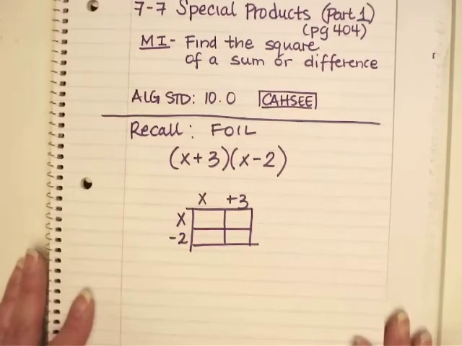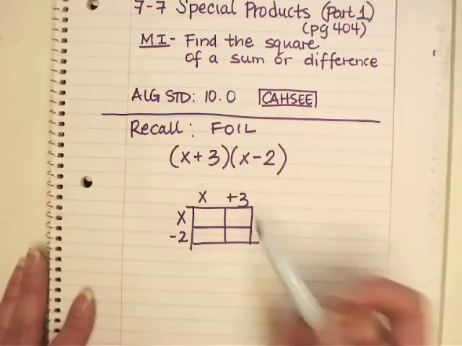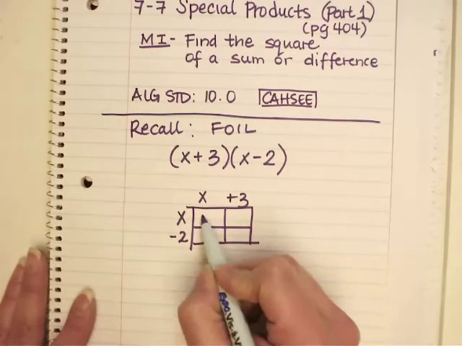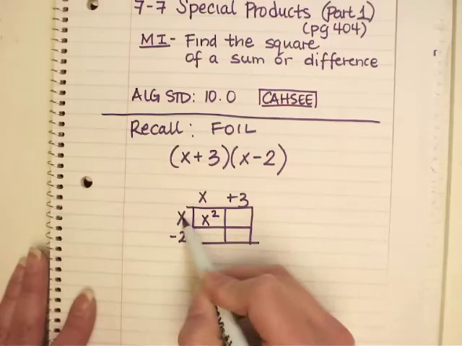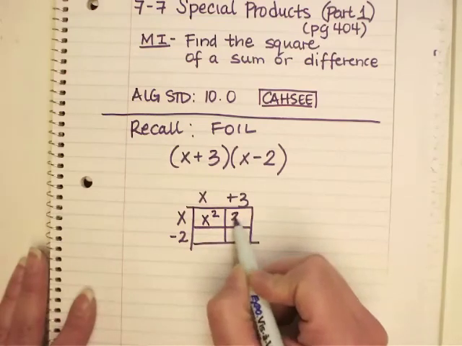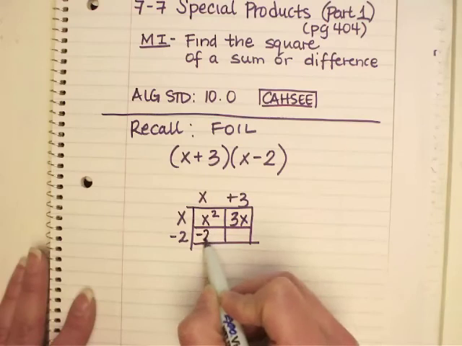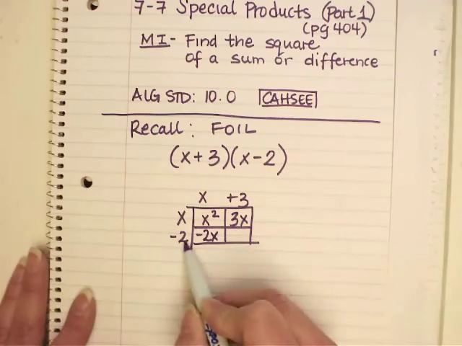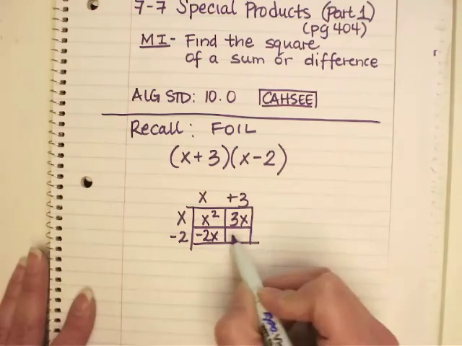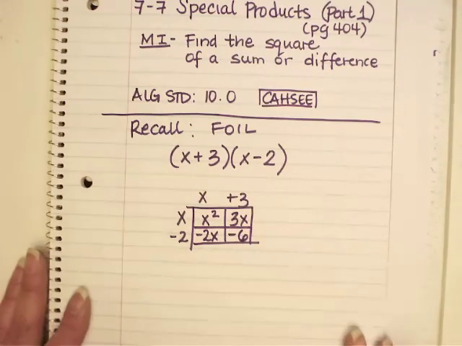So if we set this up in the box and we do our multiplication, x times x is x squared. X times a positive 3 gives us a positive 3x. X times a negative 2 is a negative 2x. And negative 2 times our 3 is a negative 6. And then we collect our like terms.